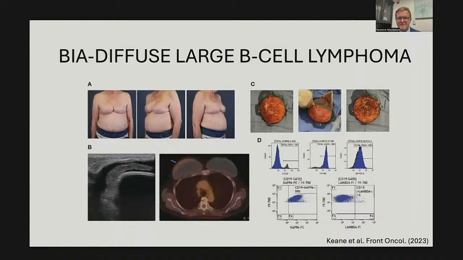However, these occur in patients who have different markers. I should also point out that the link with texturing has been made for BIA-ALCL, but has not been made at this point for B-cell lymphomas and squamous cell carcinomas, just for the T-cell lymphomas.